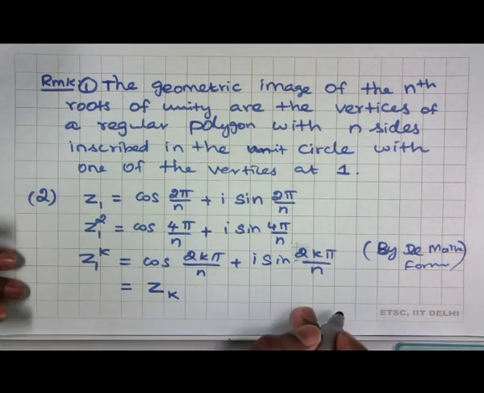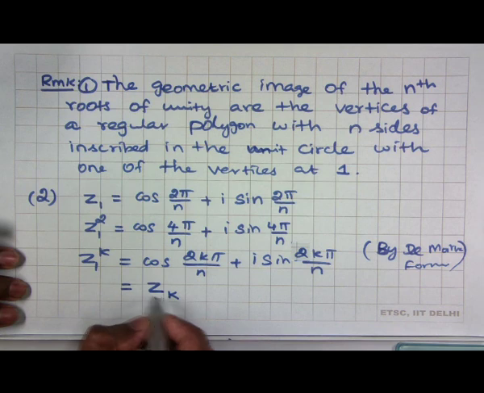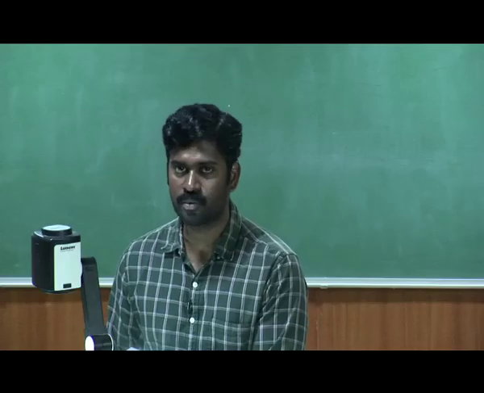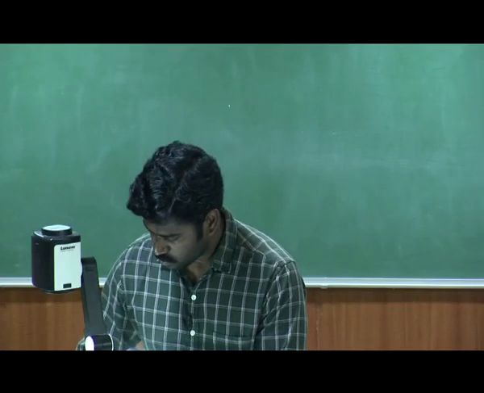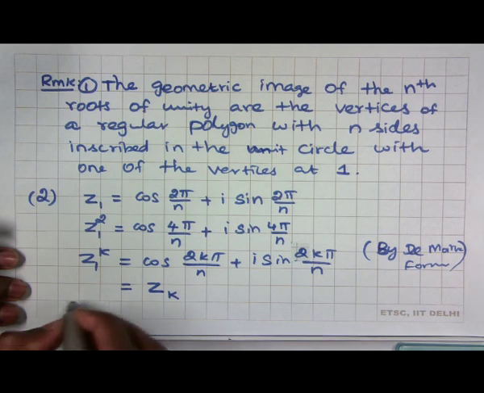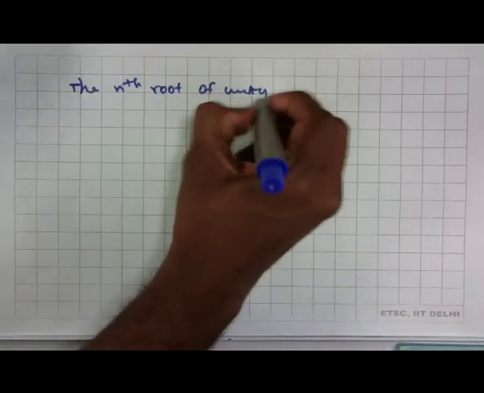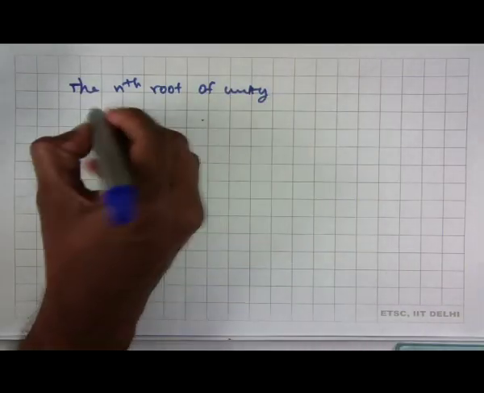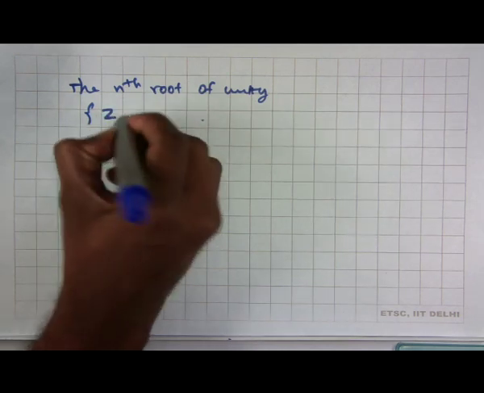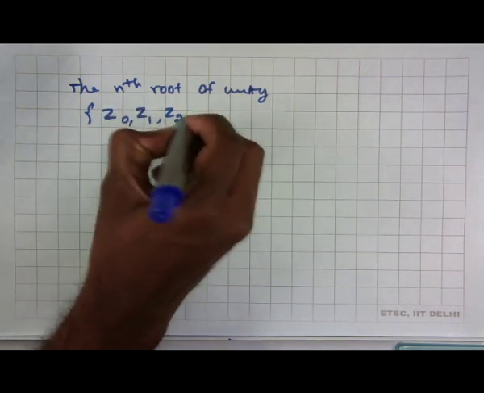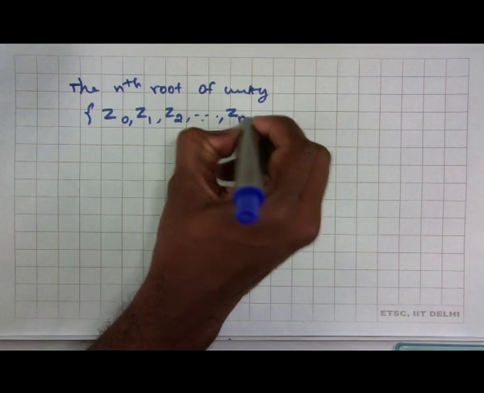So what we observe is these zk's, that is the remaining nth roots of unity, are just generated by z1. Okay. So if I write down the set of nth roots of unity, we have the set z0, z1, z2 and so on till zn minus 1.